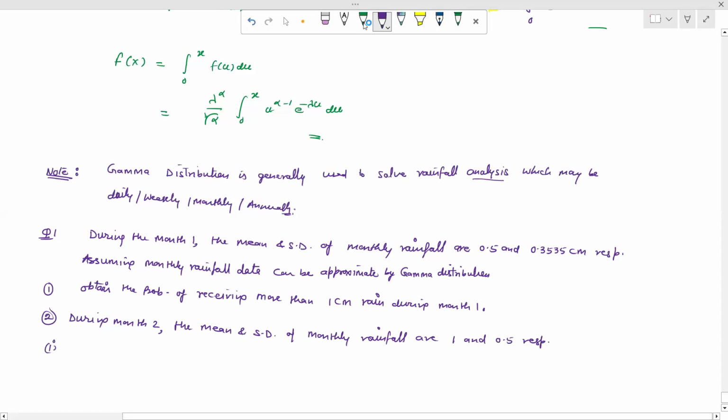So here we have two parts in this also. Obtain the probability of receiving more than 1 centimeter rain during month 2.